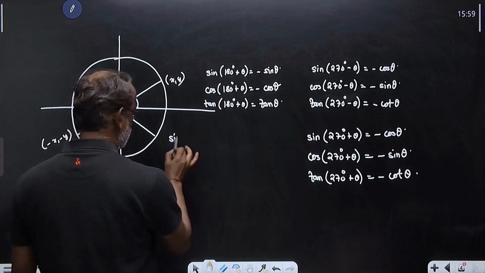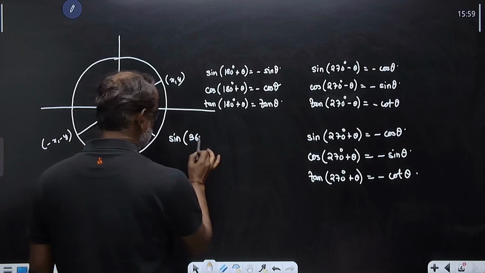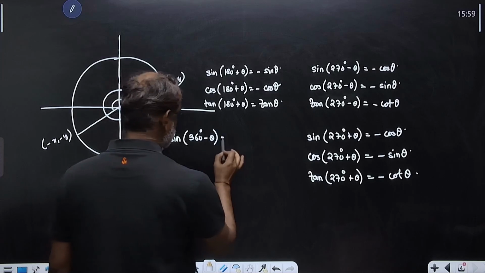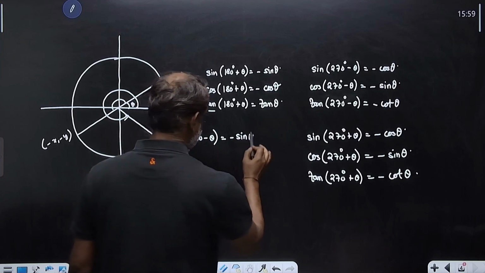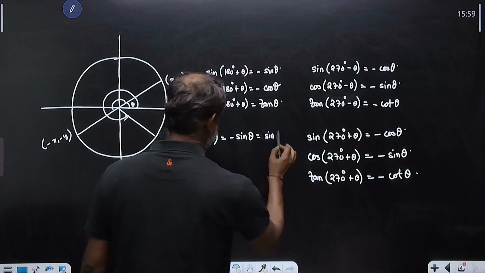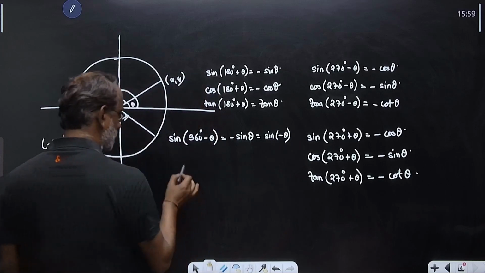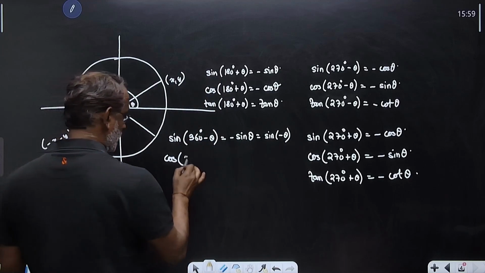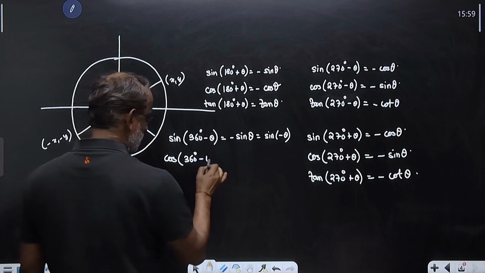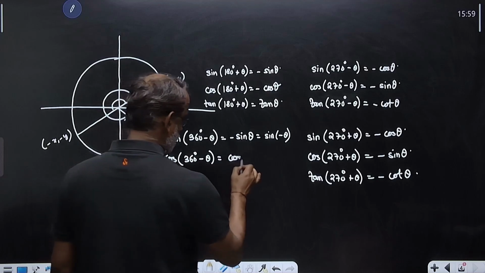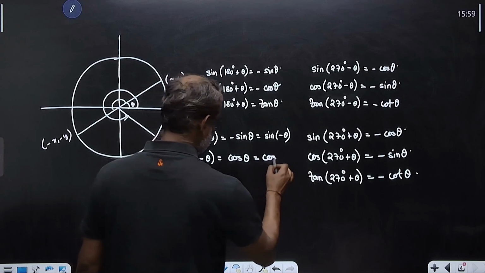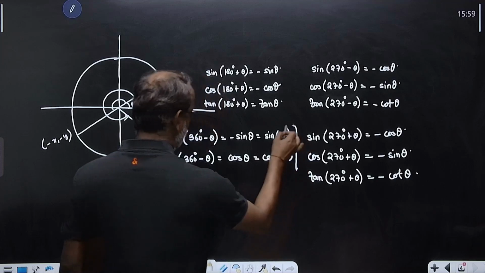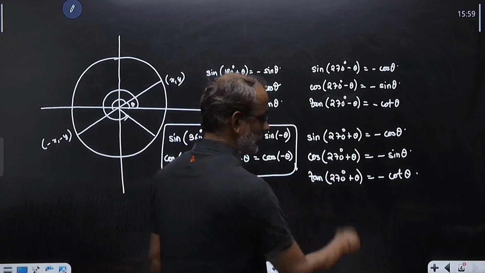So, sin 360 degree minus theta is minus sin theta, which is sine of minus theta. Cos 360 degree minus theta is cos theta, which is cos of minus theta. So, these are trigonometric ratios of allied angles.